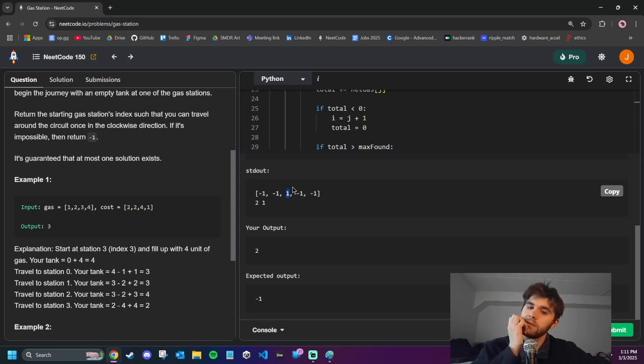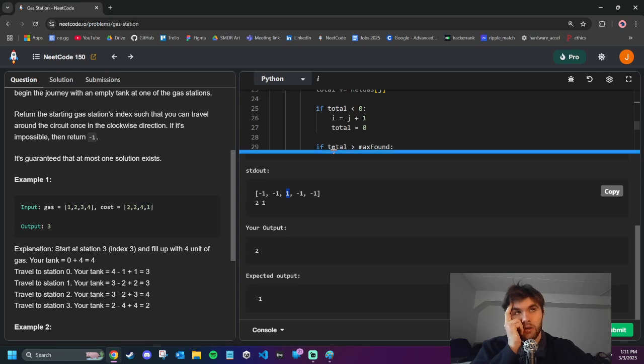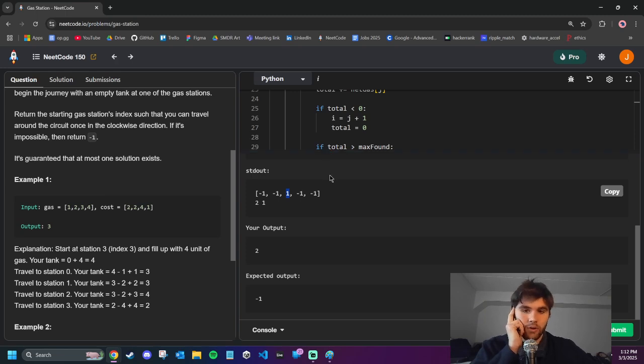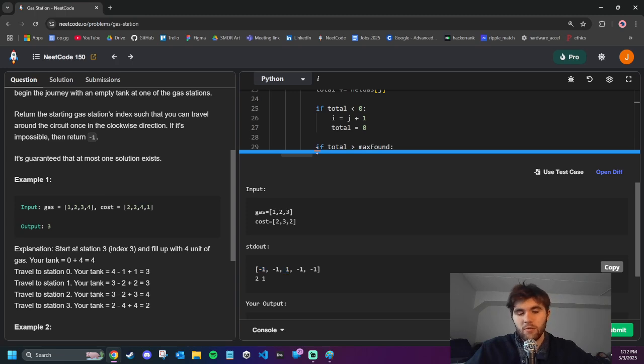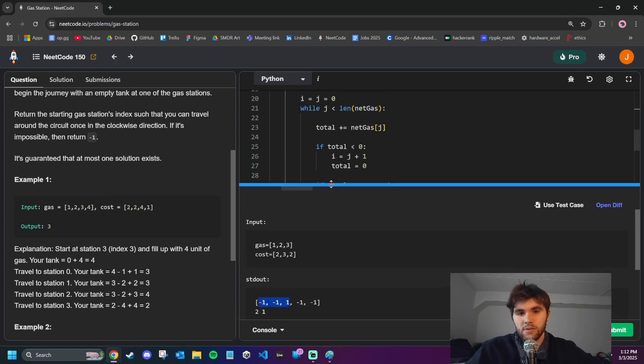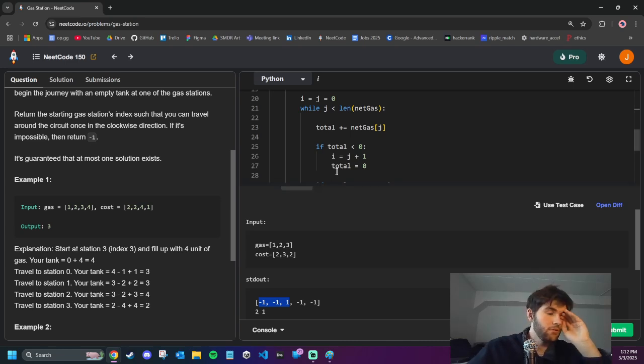So if the max... so that gets us the starting point. So in this case, could I just take the sum of the differences? No, right?